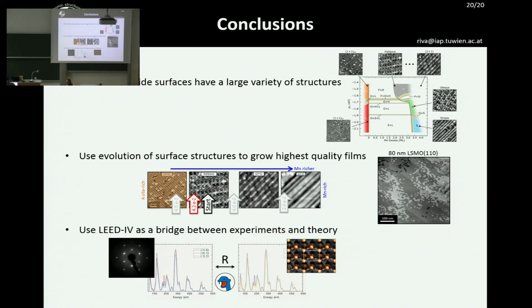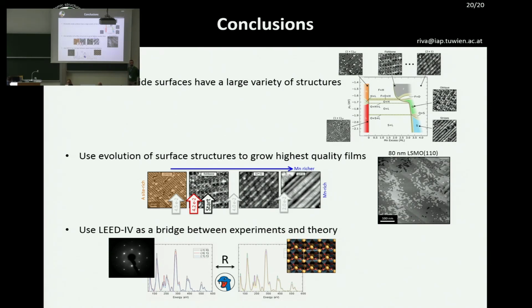Most of the time, in real applications where you are not doing fundamental research, the approach is more of a trial and error, or a stochastic approach, where you try a huge number of parameters and then something works and you take that. So I think for us it is more of a way to control the growth of these materials such that we can narrow down later the effect of surface structures more easily.